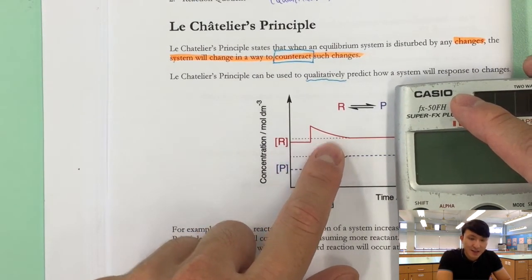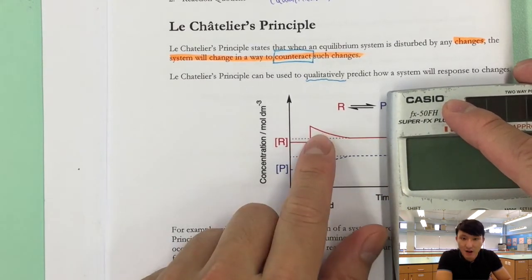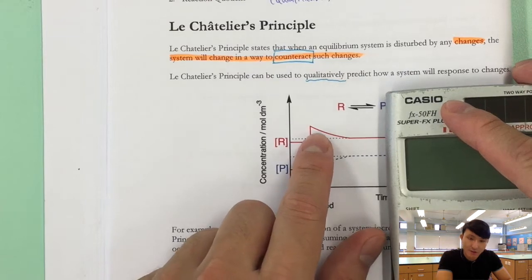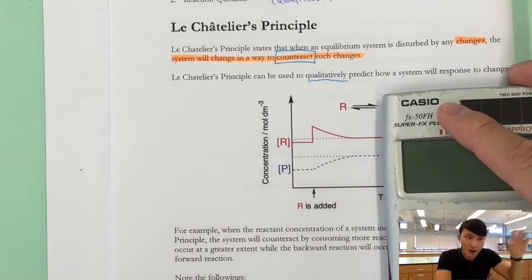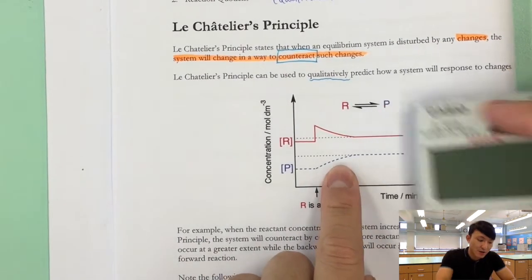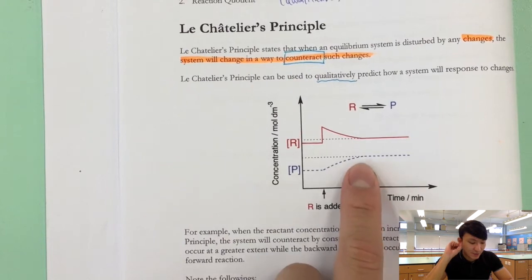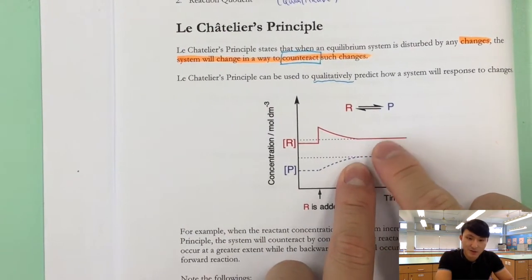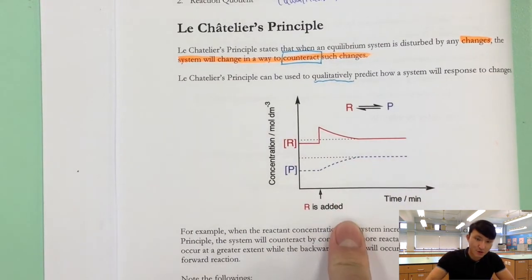That indicates that there is a net forward reaction consuming the R. Now, as R is being consumed, you can tell P concentration will increase because R becomes P, right? So when this one decreases, this one increases. Now, at this point, you see the concentration of R and P remain unchanged again. So what does it tell you?